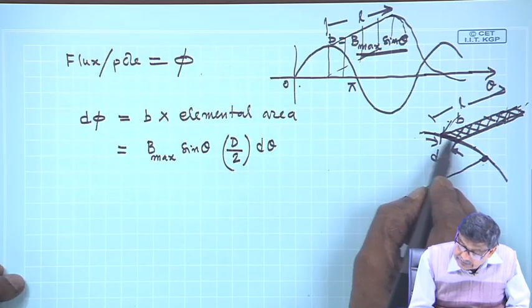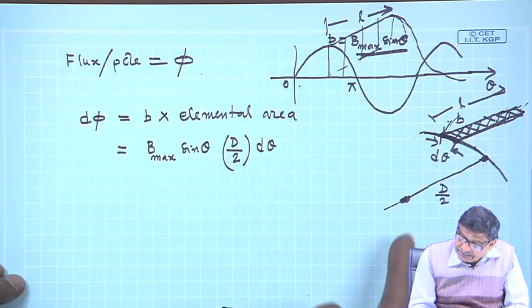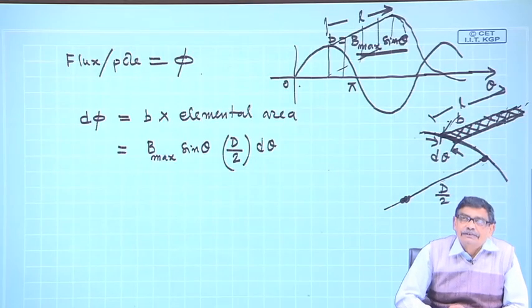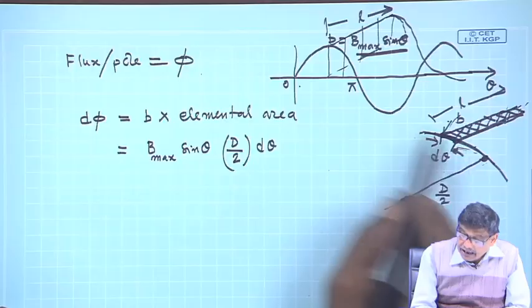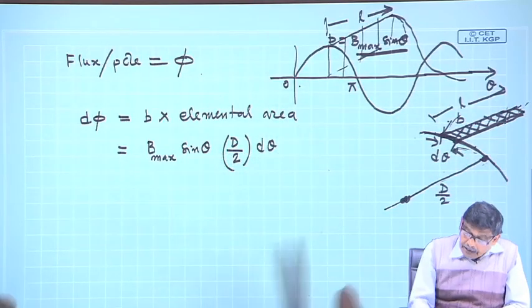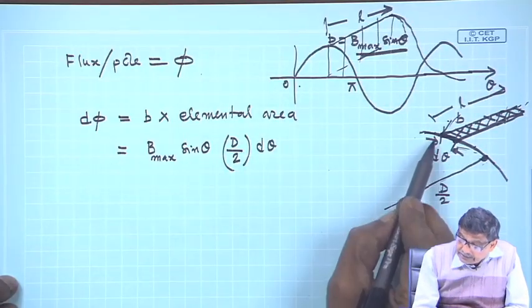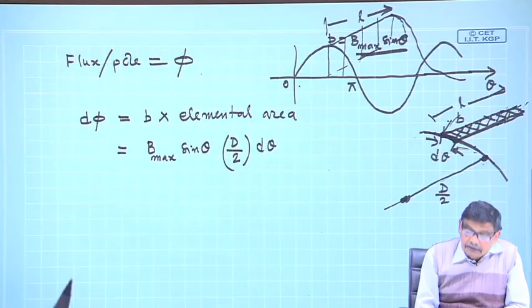is this length. But is it correct to say that D by 2 into d theta is this length in meter? No. Why? Because this theta I am measuring in terms of electrical degree. So arc d theta is the elemental length on this arc on the rotor, the elemental arc.